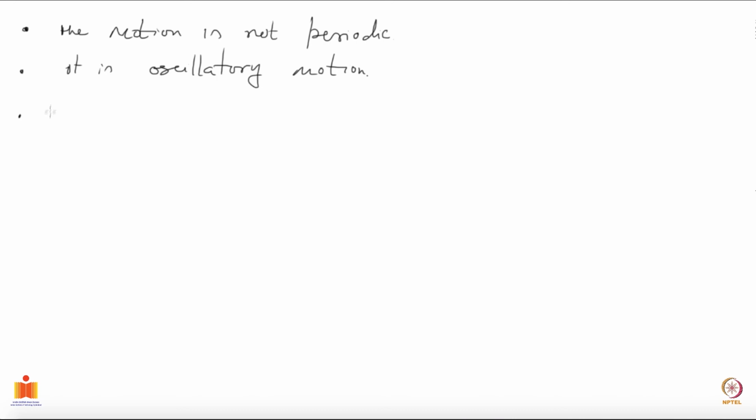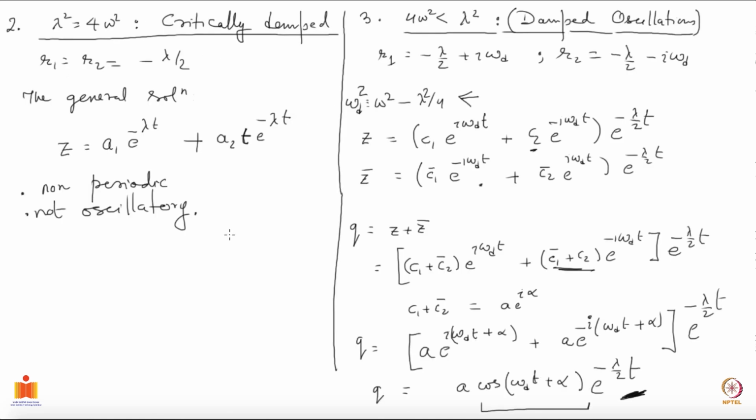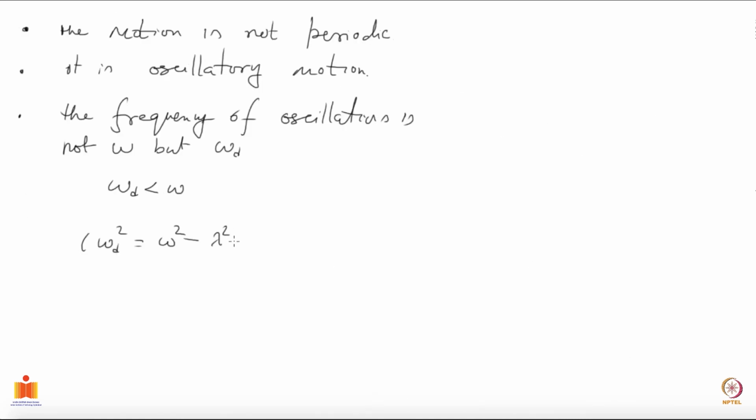And also the frequency of oscillations is not omega but omega d, and omega d is less than omega. Recall omega d square is omega square minus lambda square by 4, that's correct.